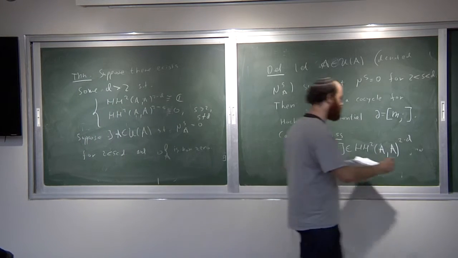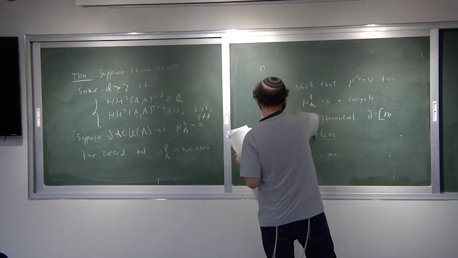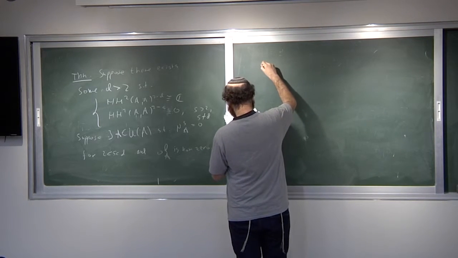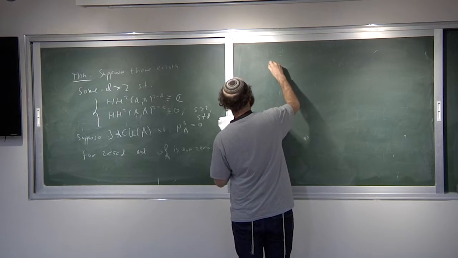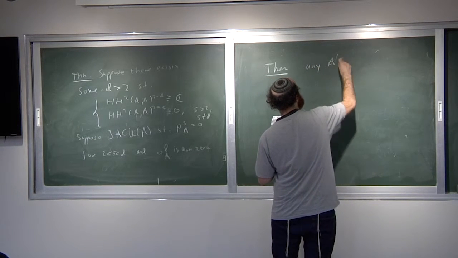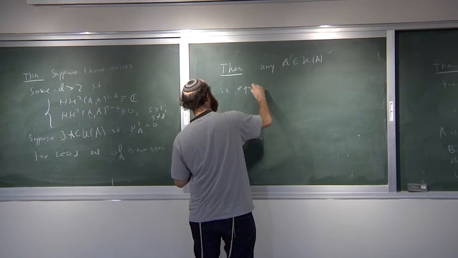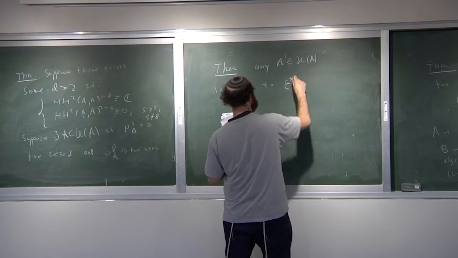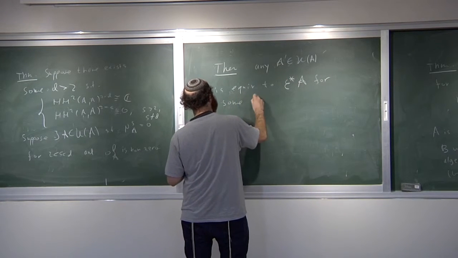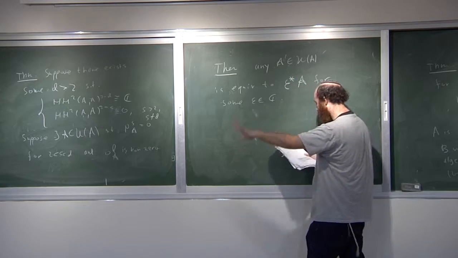Then any A prime inside U of A is equivalent to epsilon of A for some epsilon in C. In other words, the C orbit of this A is actually all the space.